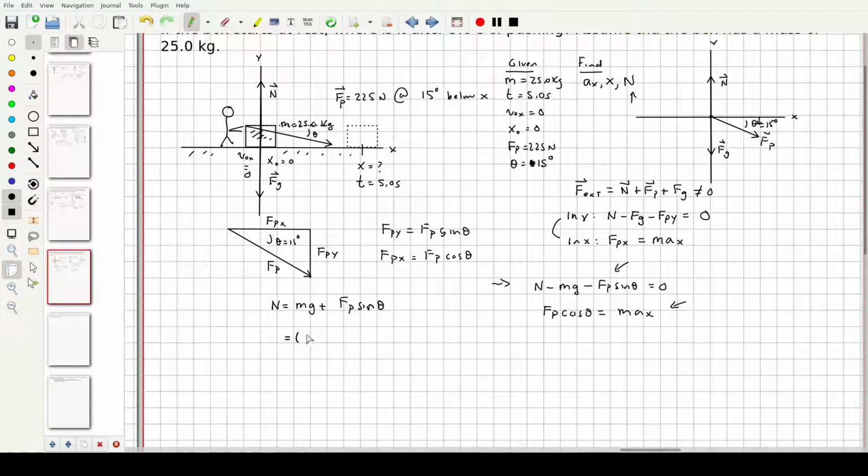Now, that's 25.0 kilograms times 9.8 meters per second squared, plus 225 newtons times sine of 15 degrees. Why not negative? We've already taken the direction into account. It's already been taken into account right there. So when I solve for this, let me go ahead and put this in my calculator.